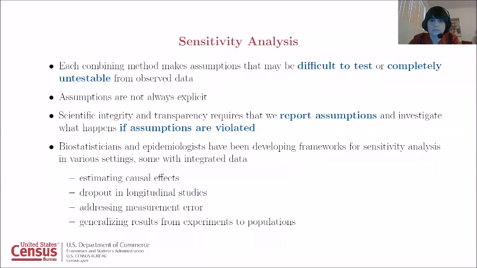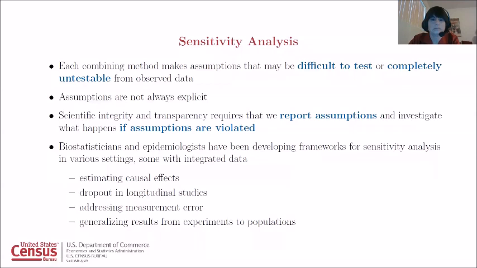Now, depending on how the problem is set up, whether it's a model or not, these assumptions might not always be explicit, but some assumptions are being made implicitly in the ones that are more algorithmic. And we, as scientists, believe it's a good idea to try to make those explicit if they're not explicit so far.